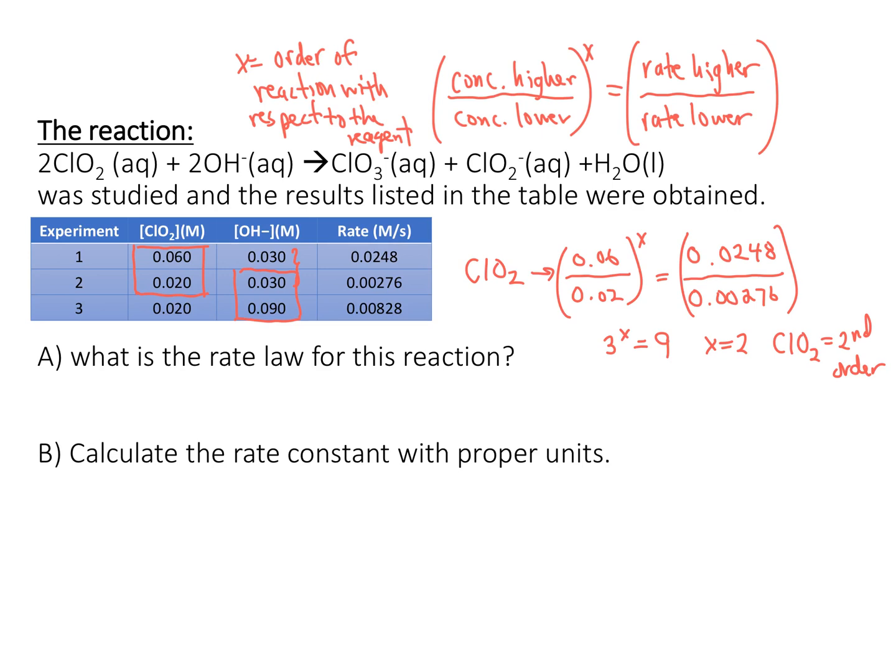Because with experiment 2 and 3, I change the concentration of hydroxide, and now the concentration of chlorine dioxide stays constant. I only want one variable at a time when I'm doing these calculations.